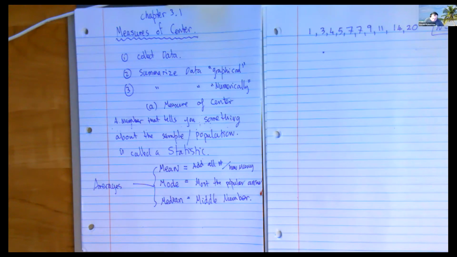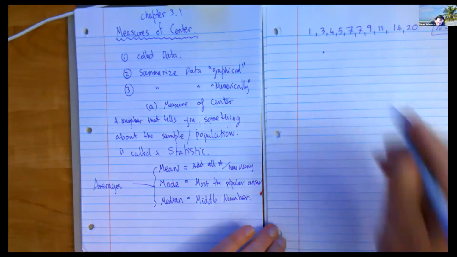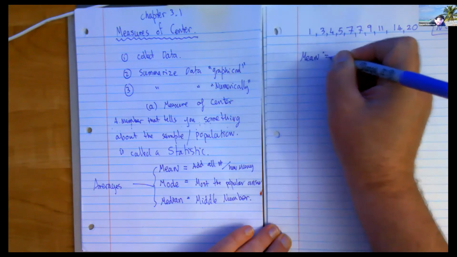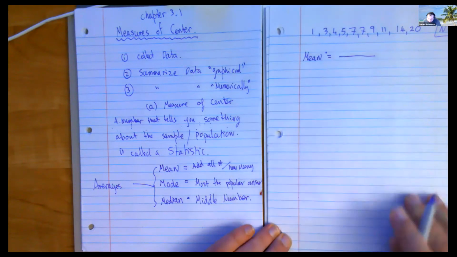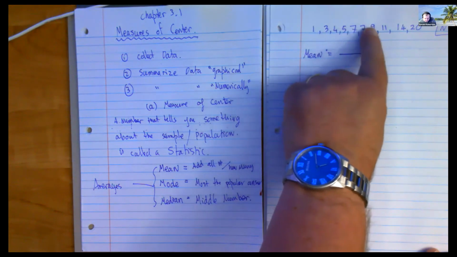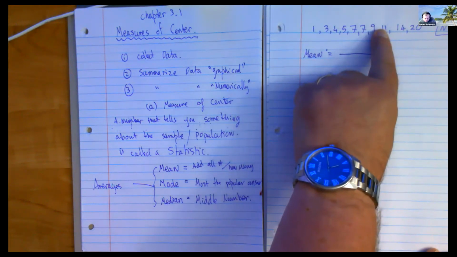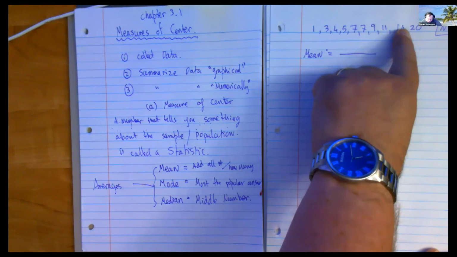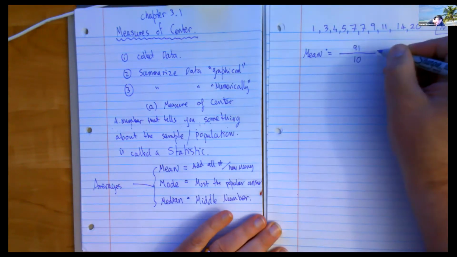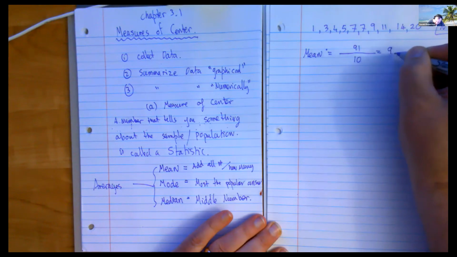Let's see how that works. If you want to get the mean, you add them all up. So that's 4, 8, 13, 20, 27, 36, 47, 57, 61. That's 91. You divide it by 10 and you get the answer 9.1.